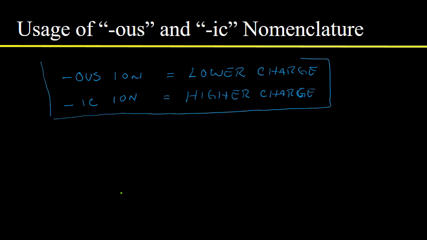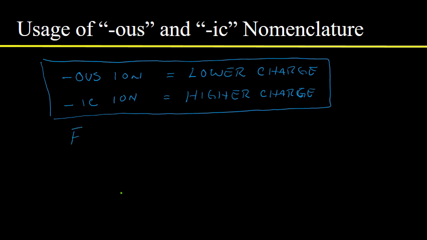So -us does not always mean +2 or +3 or +1, and -ic does not always mean +2 or +3 or +4 or whatever. It's just that for that particular atom, whatever its common charges are, -us refers to the lower one and -ic refers to the higher one.